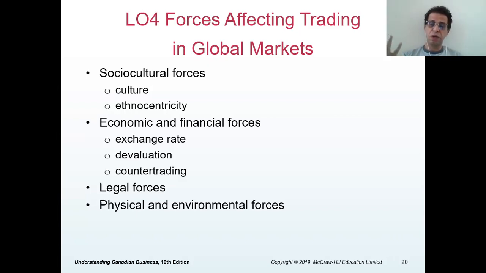And the Americans cannot export their Harley Davidson motorcycles directly from the USA to Japan, so they established manufacturing in Vancouver. So that's counter trade, because of the legal forces you need to do that. Alcohol is banned, for example, in Saudi Arabia, so legal forces are there to stop it.